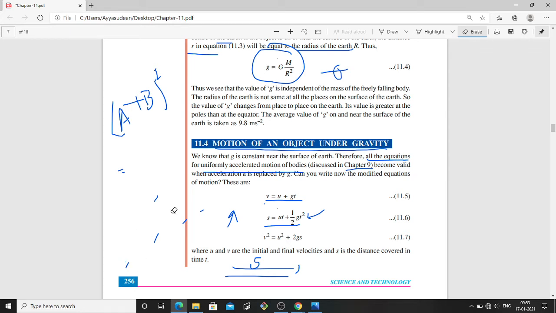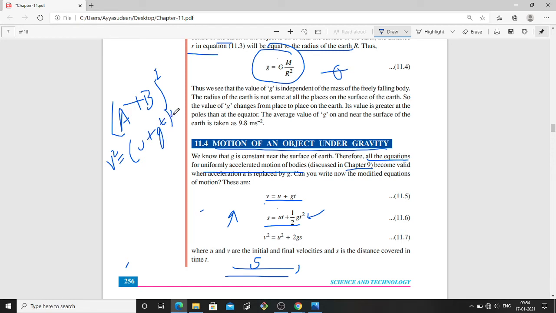So what I am going to do is convert this equation v is equal to u plus gt into v square. So it becomes (u plus gt) whole square. v square equal to (u plus gt) whole square.